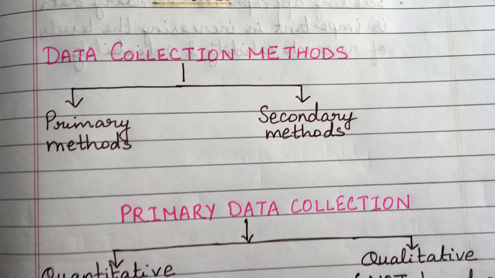We'll see those in detail, what each data collection method means and the different approaches and procedures taken, which would help you to pick the right kind of tool for your research problem.